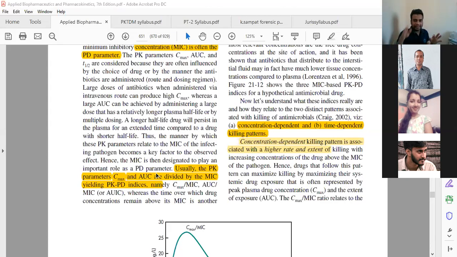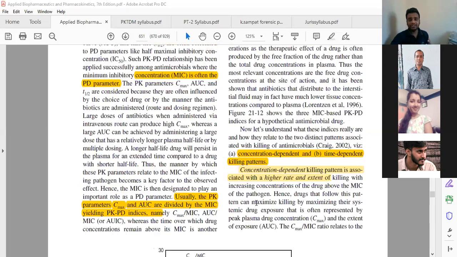When you divide Cmax or AUC by the minimum inhibitory concentration (MIC), which is a dynamic parameter, whereas Cmax and AUC are kinetic parameters, you get a very important index. We say PK/PD index, or PK/PD indices, based on which you can infer many important things.